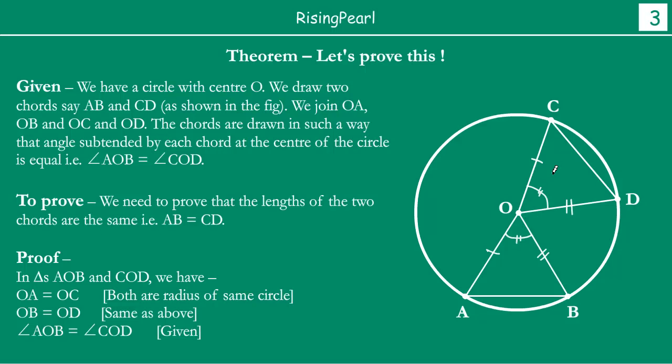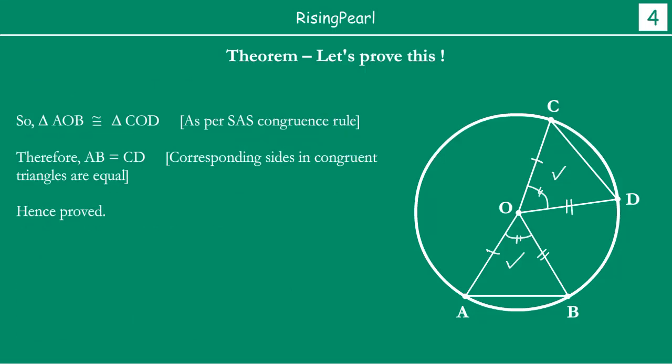So हम कहते हैं दोस्तों that these two triangles are congruent, right? Why? So we know then that triangle AOB is congruent to triangle COD as per SAS, side angle side congruence rule.